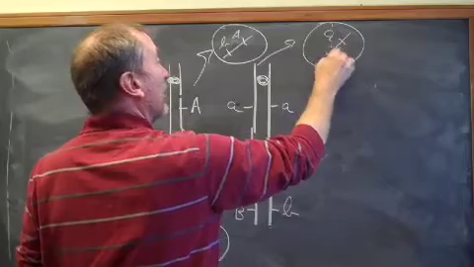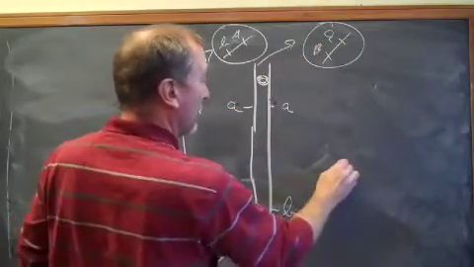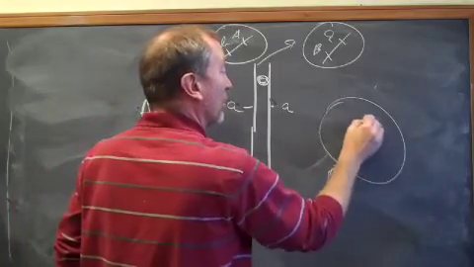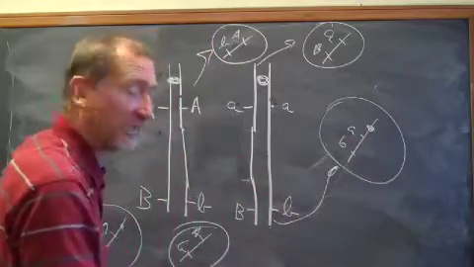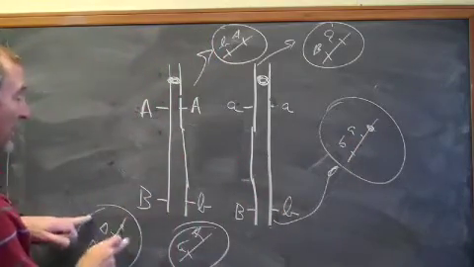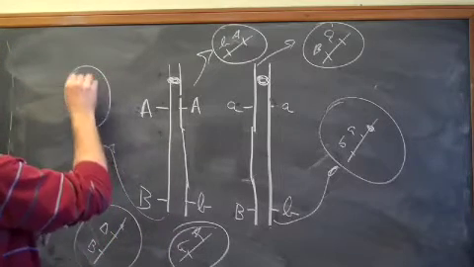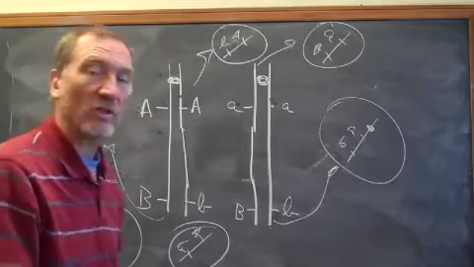Little a, big B. And then this sister chromatid is going to give us a 4th gamete. Little a, little b. Just in case you can't see it, what I have down here is big A, big B.